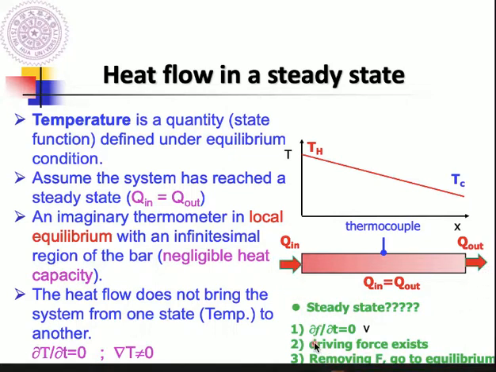It is a constant driving force because the temperature gradient is the same during this process. So the driving force exists. And when we remove this driving force, meaning we remove the heater and the cooler, then the temperature of the system will reach equilibrium.